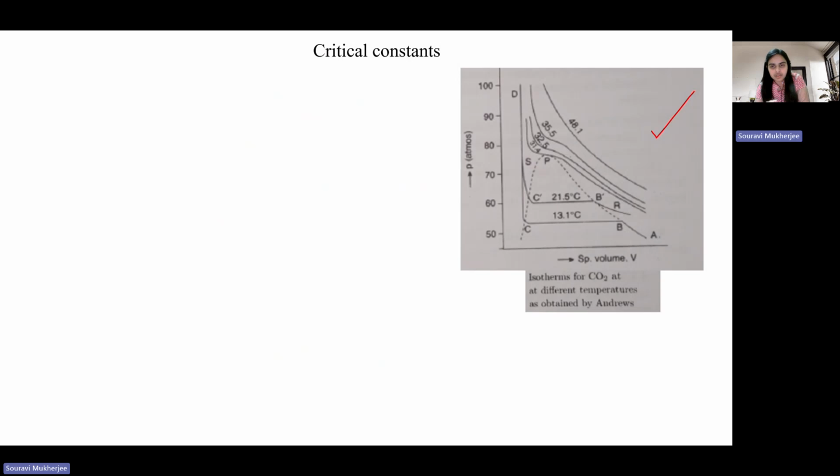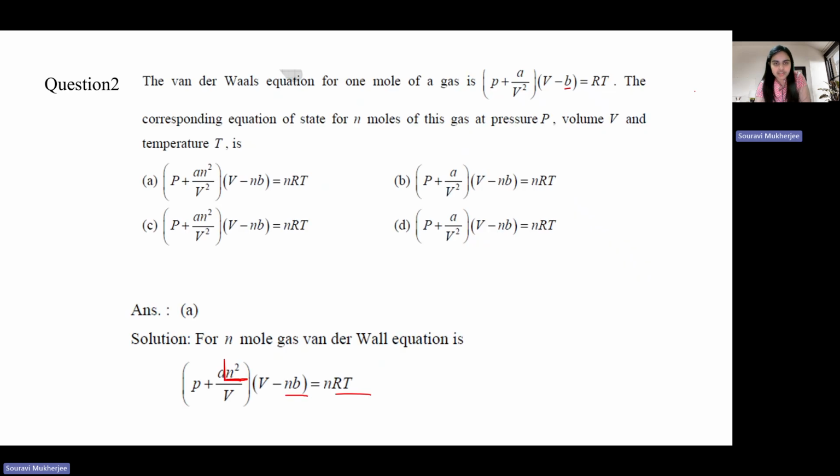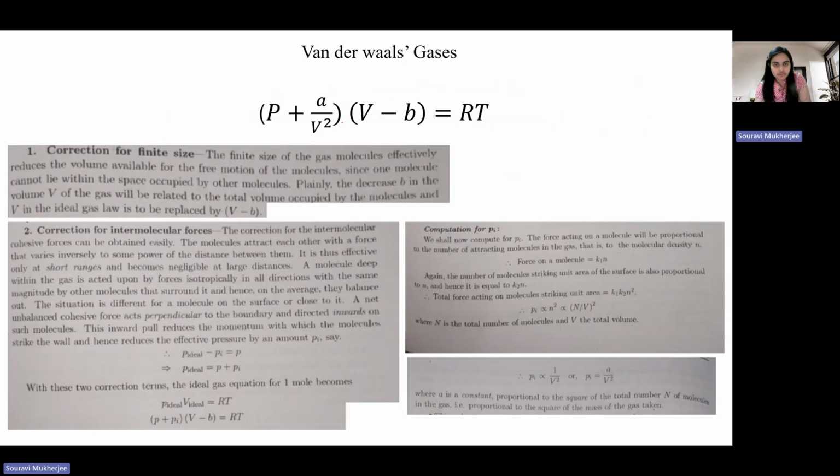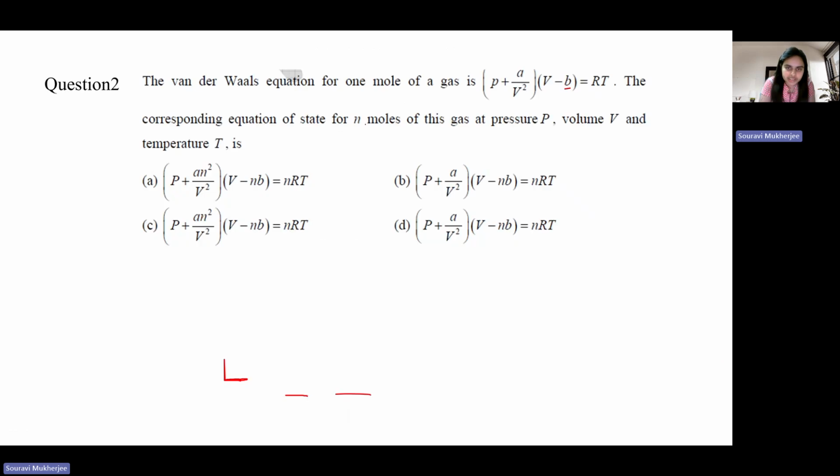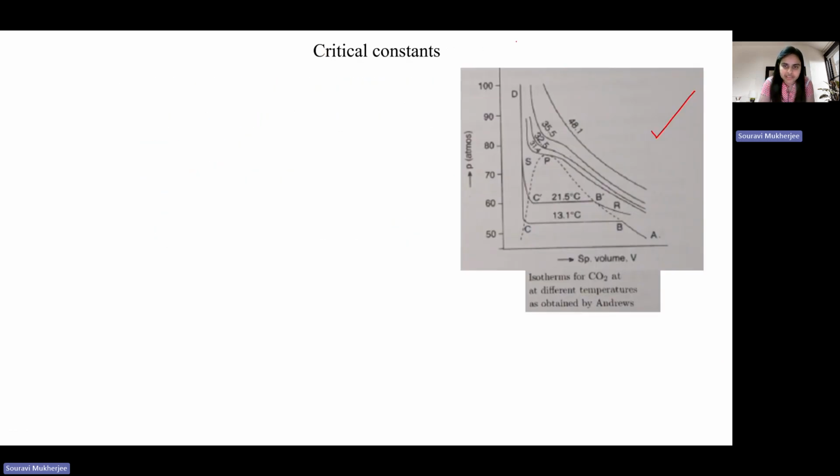But now if you look at this expression once again and think, for one value of P you would get 3 roots for V, right? So theoretically, at this point here, you do not expect a straight line like this.